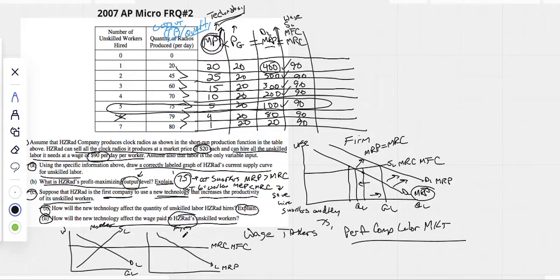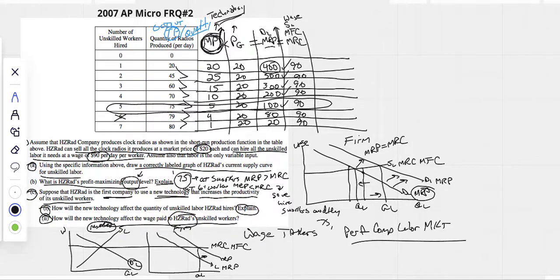So if the firm is the only one with the new technology, their marginal revenue product would increase. They would hire more workers, but the wage would not go up because they're the only ones with the new technology. That's fairly tricky.